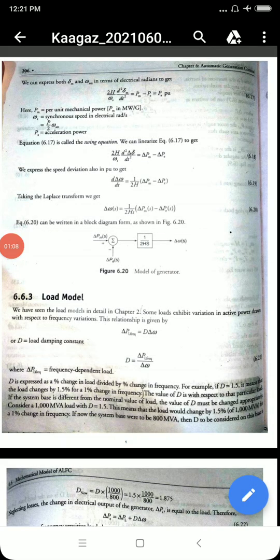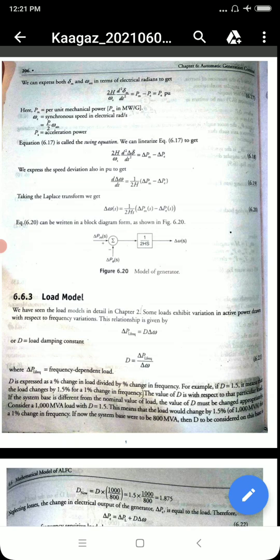That is given by delta PL frequency is equal to D delta omega, where D is called the load damping constant, or D is given by delta PL frequency divided by delta omega. Delta PL frequency is nothing but the frequency dependent load. D is usually expressed as the percentage change in load divided by the percentage change in frequency.